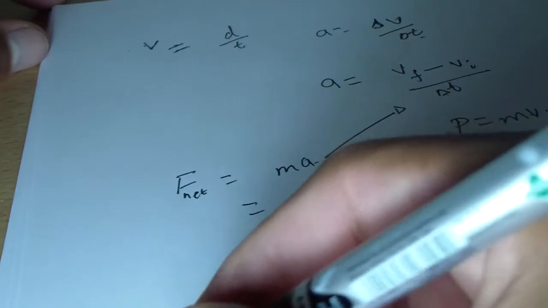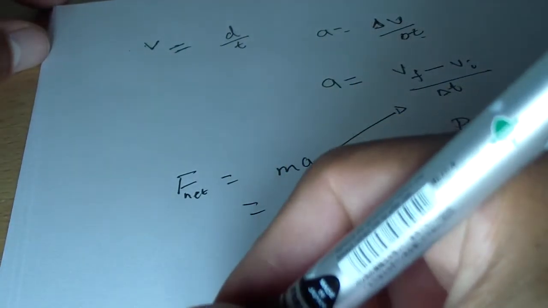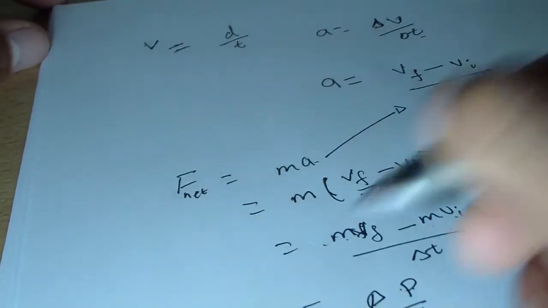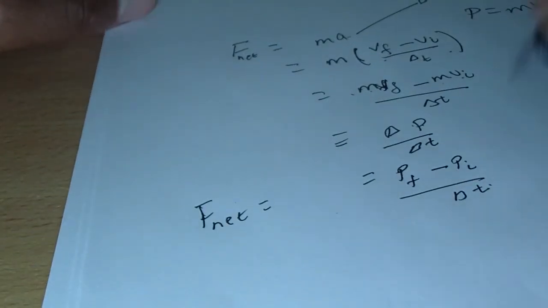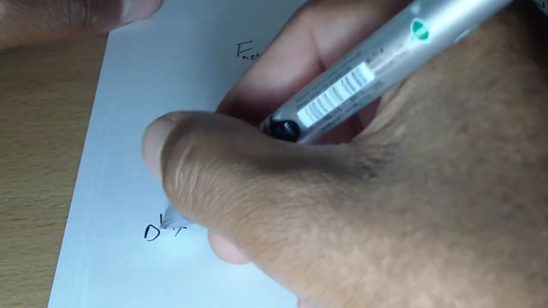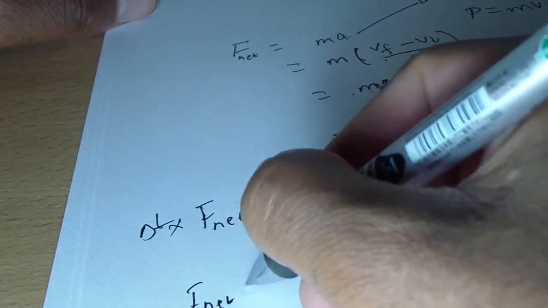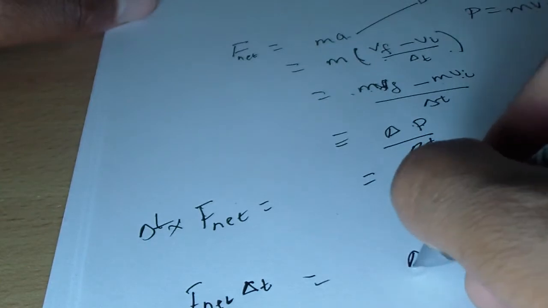Okay, so F net can be found as F net is equal to that. Now, what happens if I decide to multiply both sides with Δt? I now have F net Δt is equal to change in momentum.